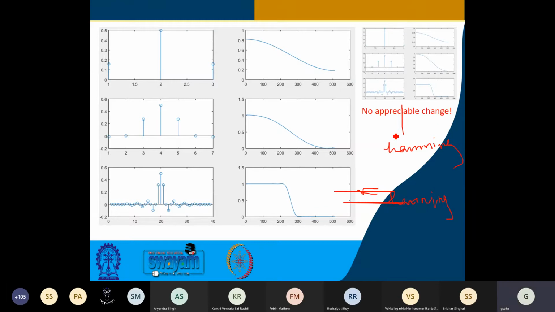Even if you see it on a bigger screen, there might not be any appreciable change in the frequency response. Of course, the coefficients are different, like 0.5 is multiplied and all. Do you see any appreciable change here? This is 1 and this is 1, so basically the scale is different. Anyone wants to comment?